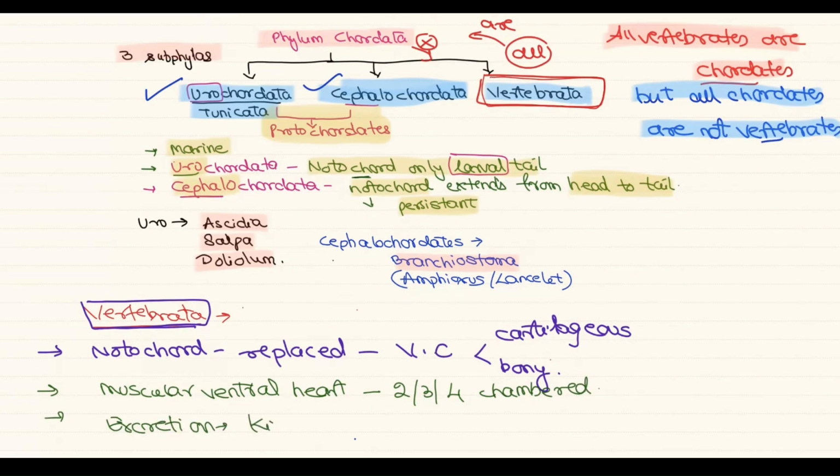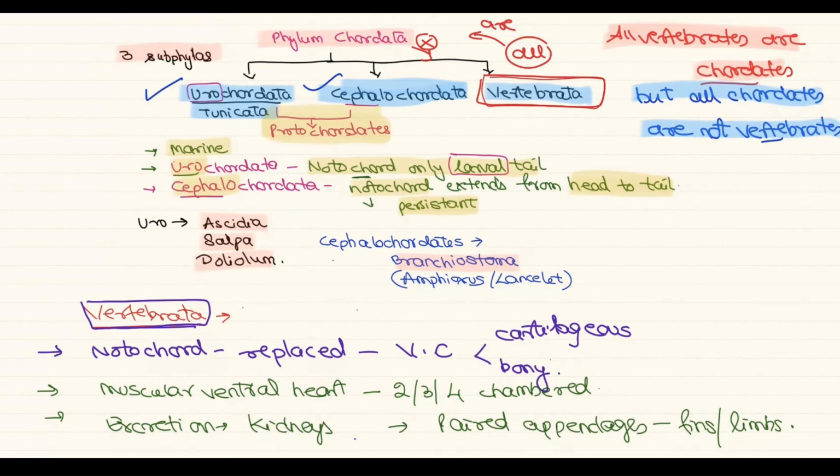For excretion, specialized structures called as kidneys are present. Vertebrates have one more special property called as the paired appendages. The fins, the legs, the hands, all are paired. So the fins and the limbs, these are the paired structures. So we have the paired appendageal structures.